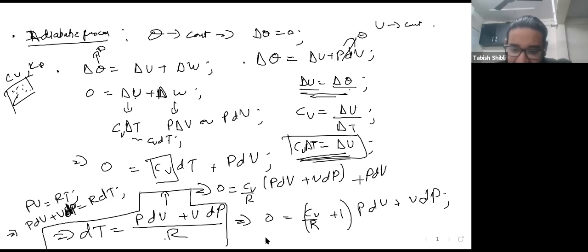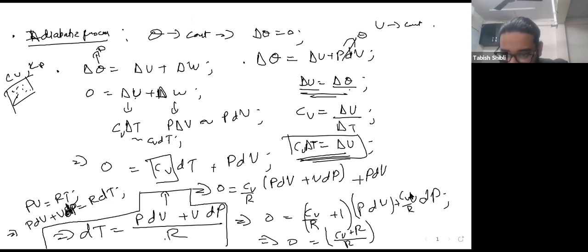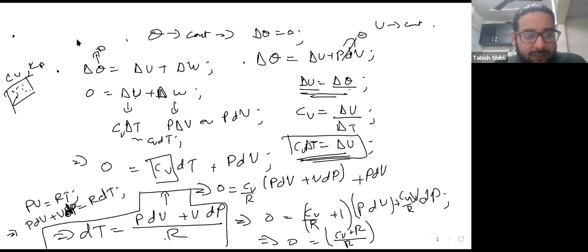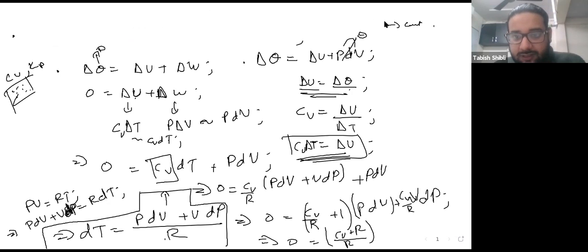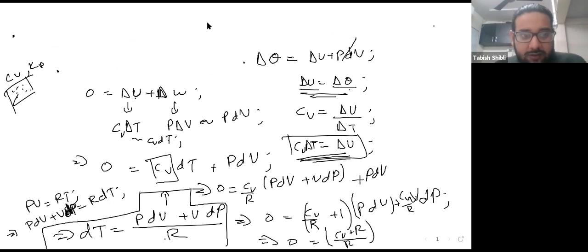Okay, so what do we have here? We have 0 is equal to Cv plus R by R divided by, but you have a Cv by R here also, right? Yes, because of this Cv by R. If I'm making a mistake, please tell me.